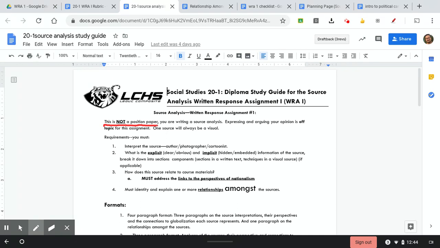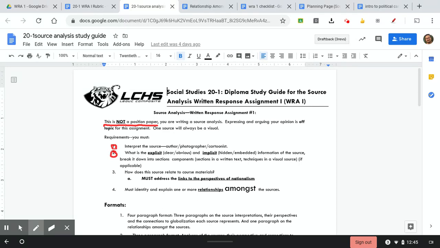So the requirements for this assignment. Number 1, interpret the source. So the author, the photographer, the cartoonist. Number 2, what is the explicit or clear and obvious and implicit information of the source.